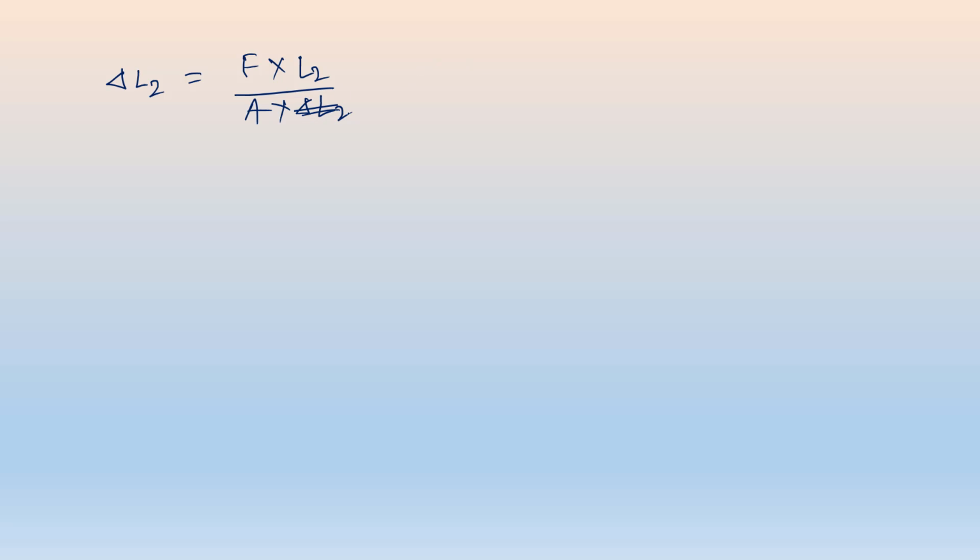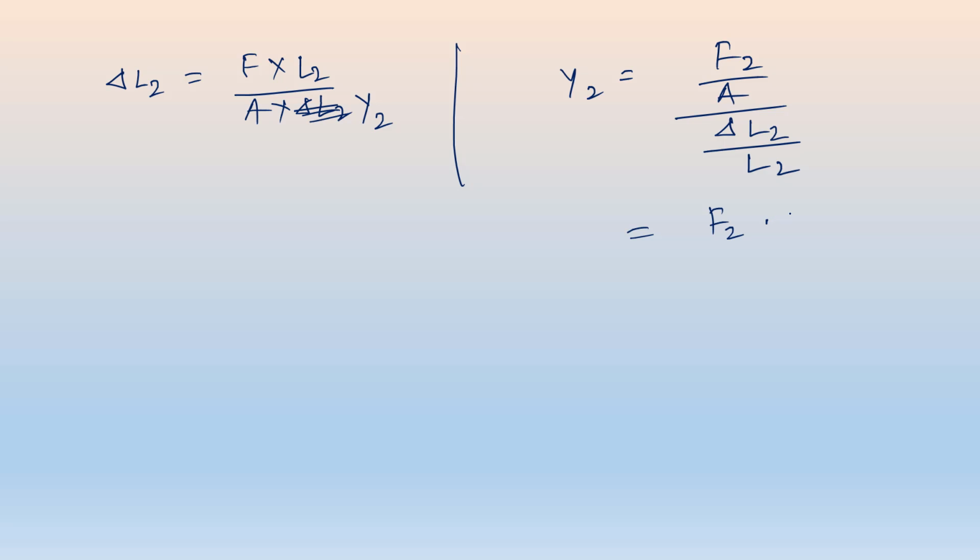Sorry, there is the Young modulus Y2. You can write down the expression as well, that is force F2 divided by area divided by delta L2 upon L2. You just shorten it, it will be F2 multiplied by L2 divided by area multiplied by delta L2, and that should be your Young modulus Y2.